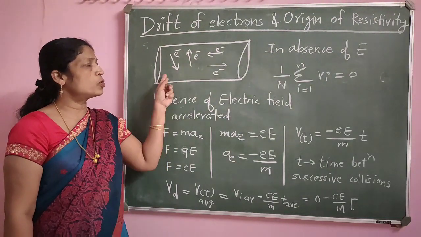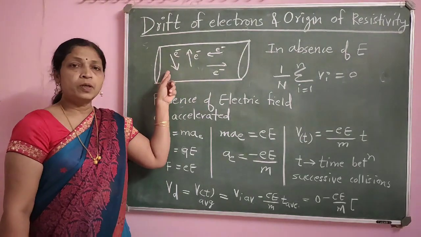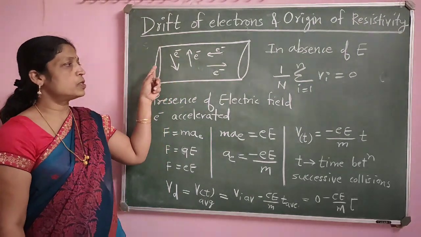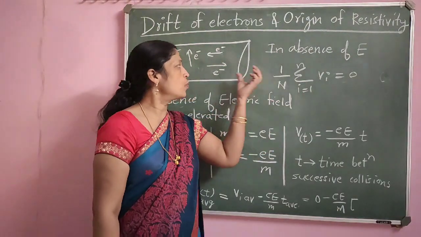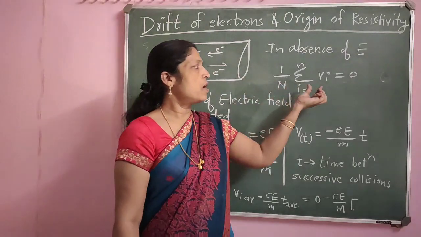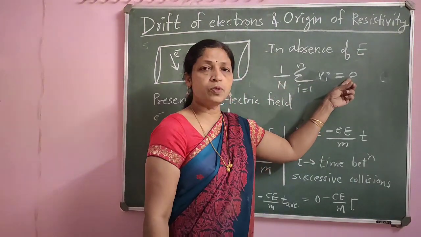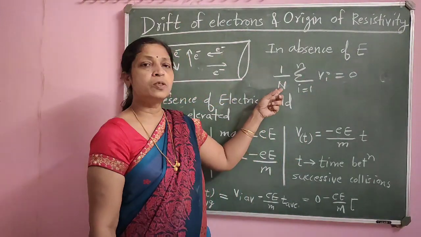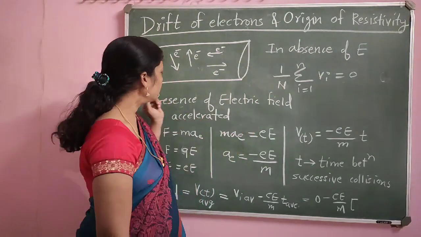Due to their random motions, the net current will be zero, and the average velocity, if we take the ith electron, Vi average, will be equal to 0. Here n is the total number of electrons.